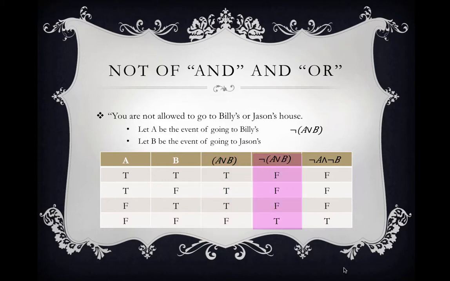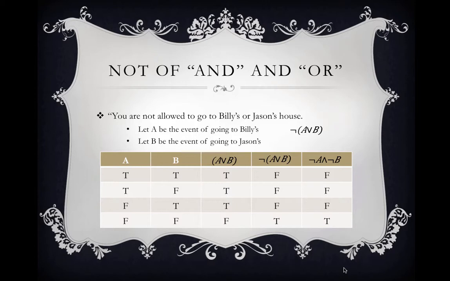Then taking the not of that statement is simply flipping the trues to falses and the falses to trues. In the fourth column, this statement is only true if you did not go to Billy's and you did not go to Jason's. And you'll notice how I said that: the only way it's true is if A is false and B is false.